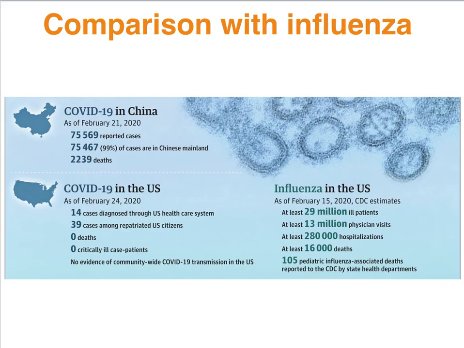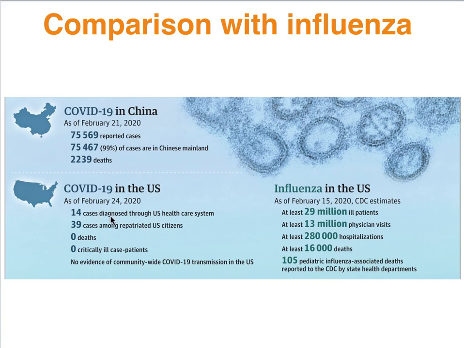So how does this new coronavirus compare to another big killer, which is influenza? Because influenza here in the US has infected at least 29 million people this year, and has caused up until now 16,000 deaths.